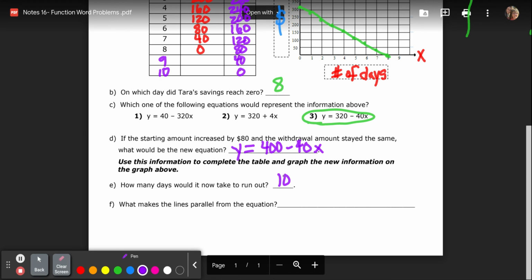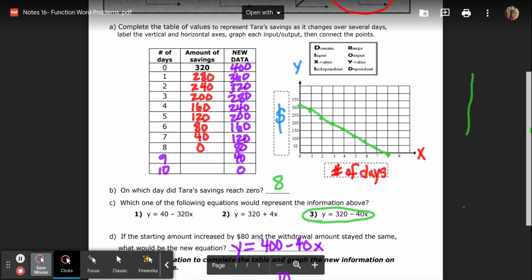Oh, you know what I forgot to do? I forgot to graph these new points so that you could see that it is parallel. So we have 0 and these go by 50, so this will be the 400. And then we have the 360. And let's just, I'm not going to graph all of them.